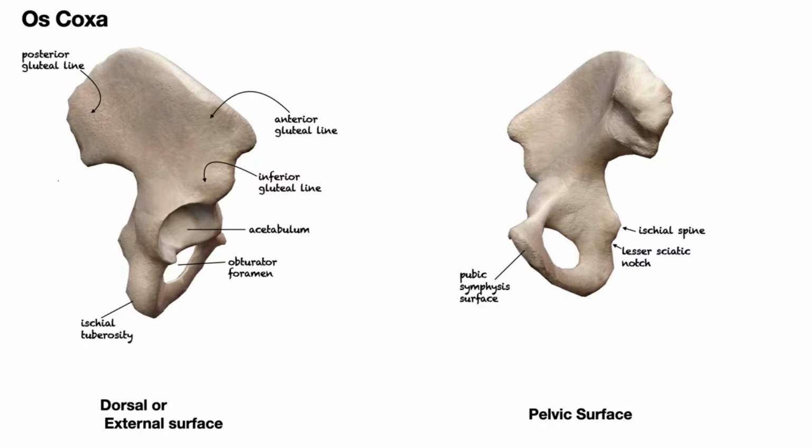Ischial spine. How about here? You know this one. That piriformis muscle passes through here. That's right. Greater sciatic notch. Greater sciatic notch.